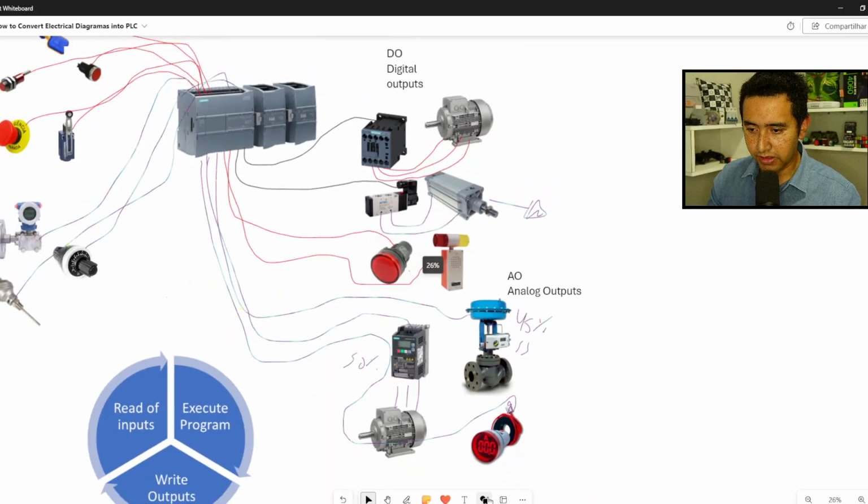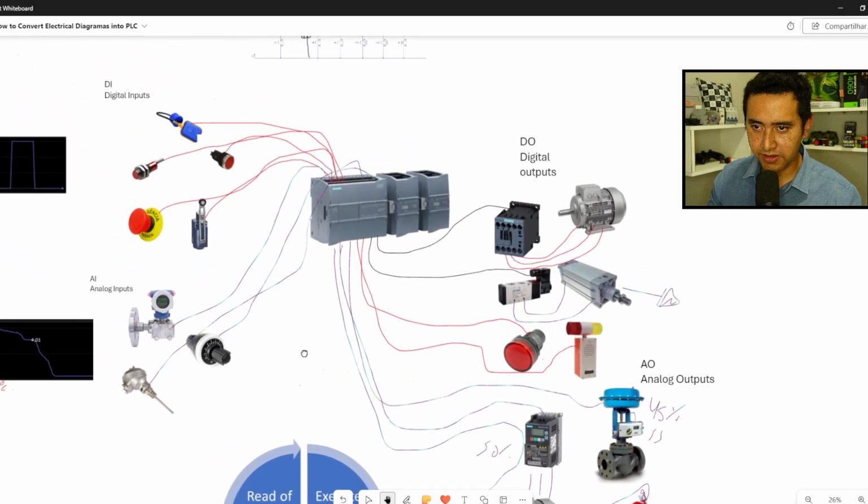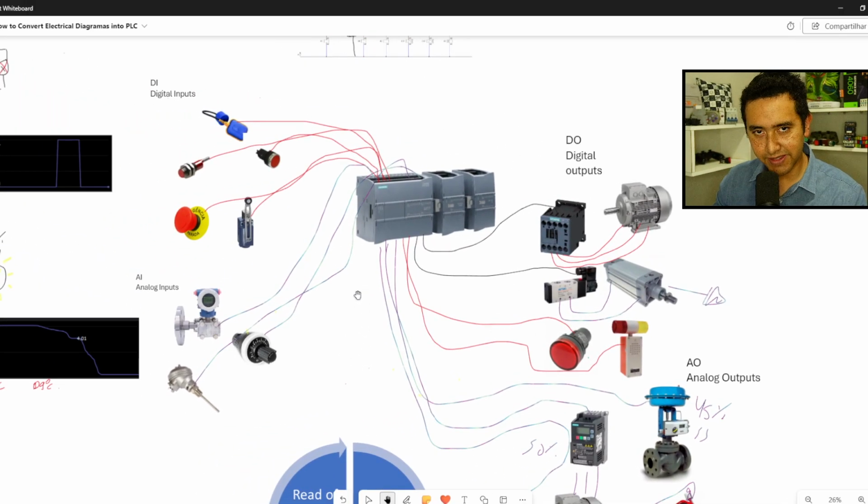Then in the overview here, we have all these things wired to our PLCs. It's a good view to understand, because all of this we are going to wire to my PLC, but the process and all of the logic is going to be inside of it.